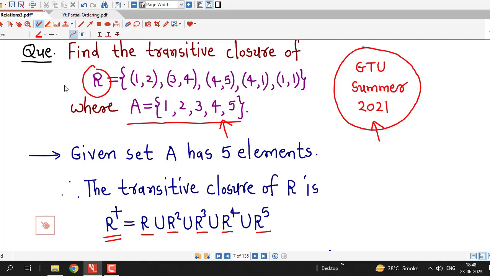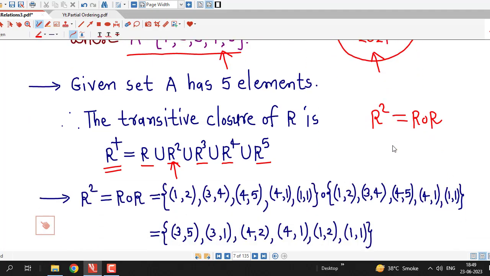So we already have R on A, and we will start by finding R2. First we find R2 by considering the composition of R with itself, which I have written here. To find R composite R, I am writing relation R and the composition of R with itself, using this symbol for composition.